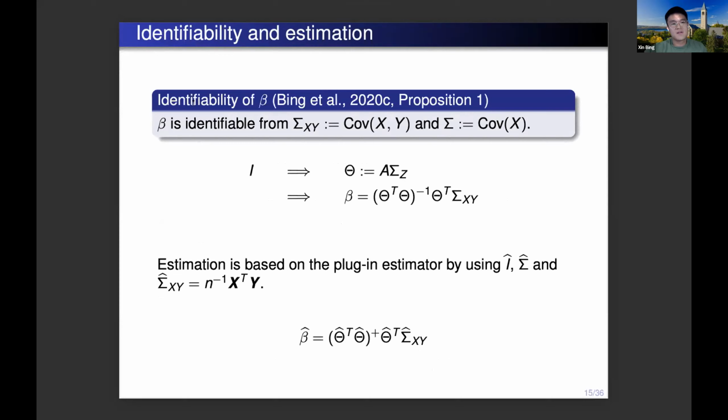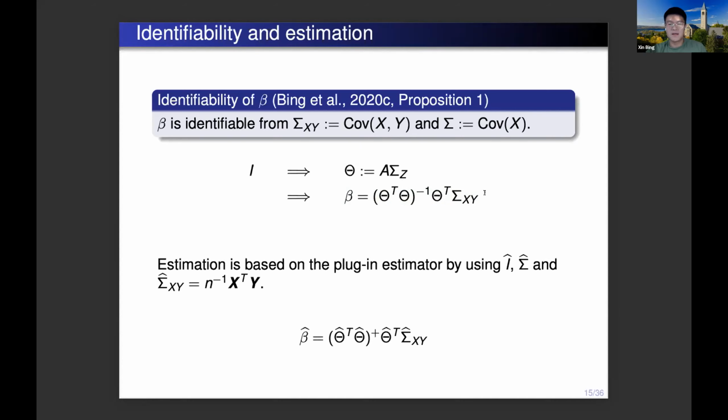And this result shows that this is indeed the case, and it can be identified from the first two moments of X and Y. To illustrate how we identify beta, the key is to first identify the set of pure variables I. And after knowing this I, we can recover this matrix, which is a P by K matrix, the product between A and the covariance of latent factors Z. And from here, a key observation is that the following equation holds, and therefore beta can be solved from this equation.